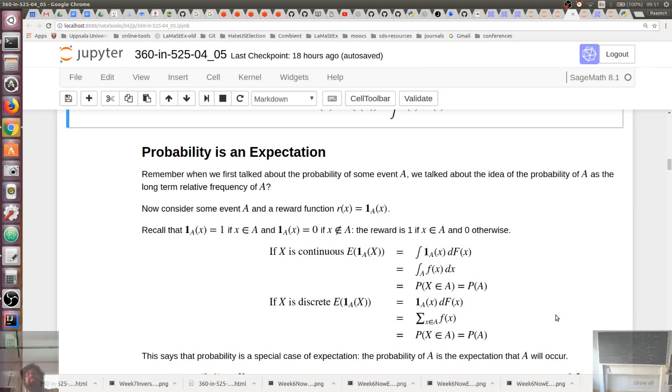So what you should realize is that probability is actually an expectation, right? That is basic understanding now.